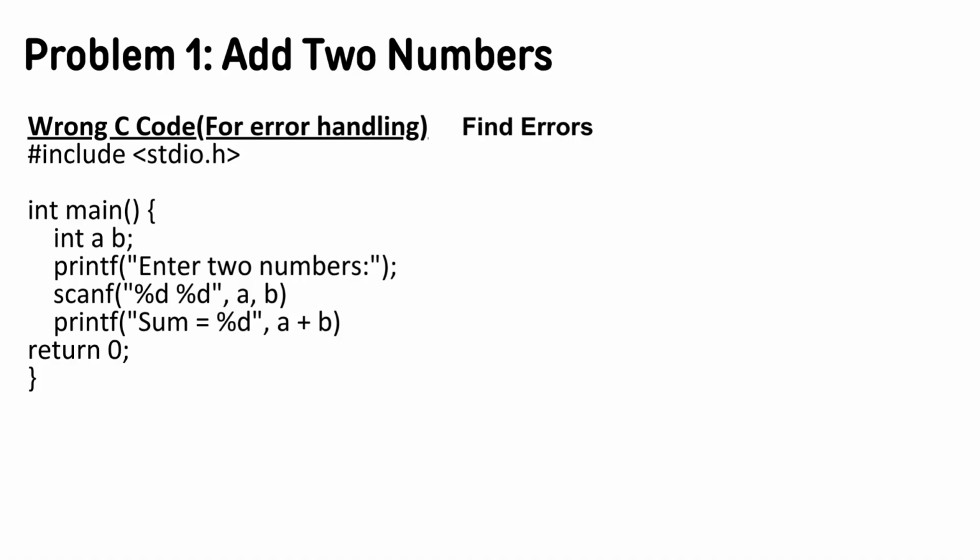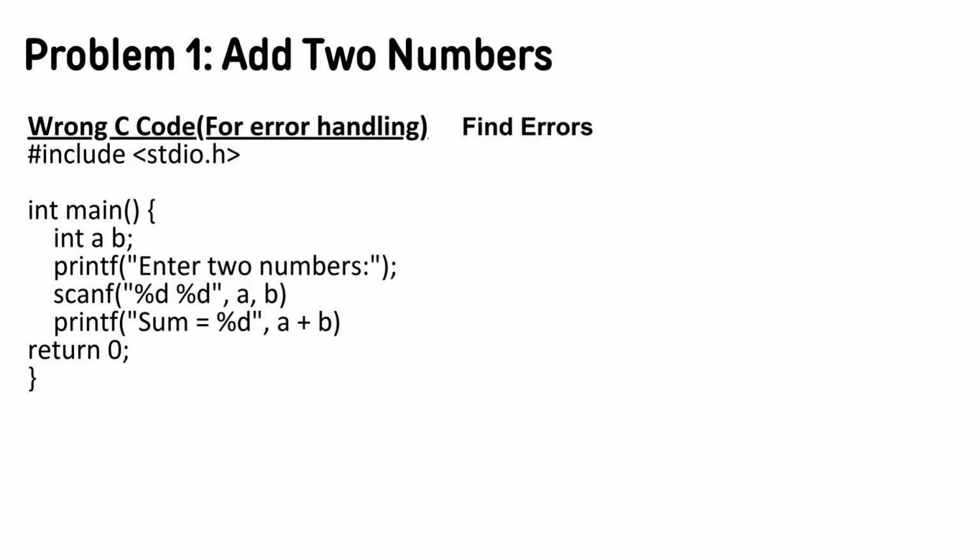Now go to the third line, that is scanf, then double quotation, format specifier %d space format specifier %d, comma a, comma b. So in the scanf function, for integer type or any kind of variable, we need to use the ampersand sign. So this is also an error.